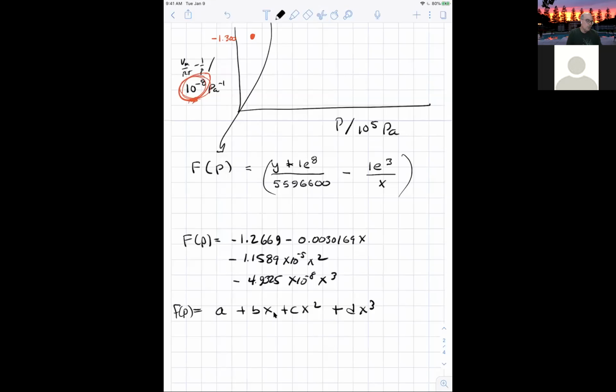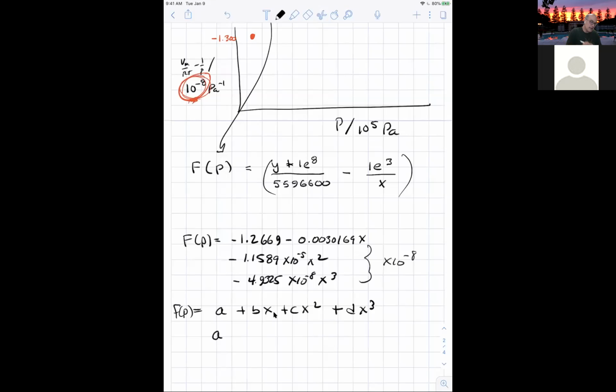What we also have to realize is that each of these is multiplied by 10 to the minus 8. Remember that factor? We have to reapply it because Grace just had the numbers without that factor in them. So when we did the regression, it's missing that factor. We have to put that back in.